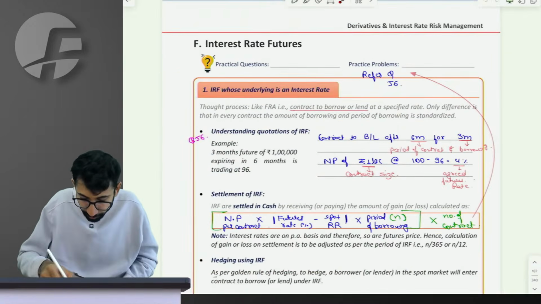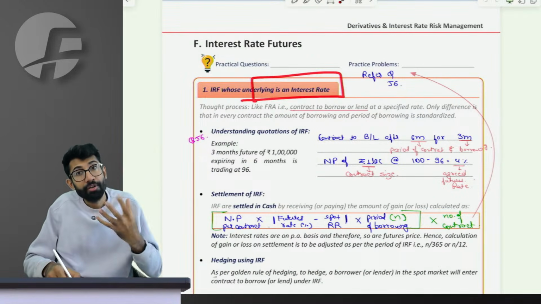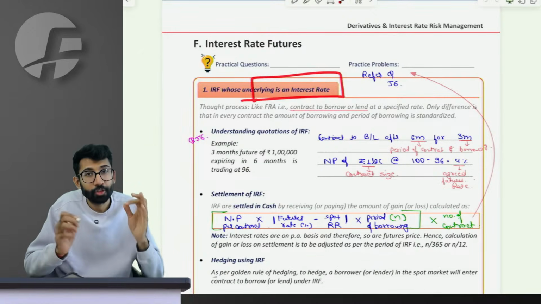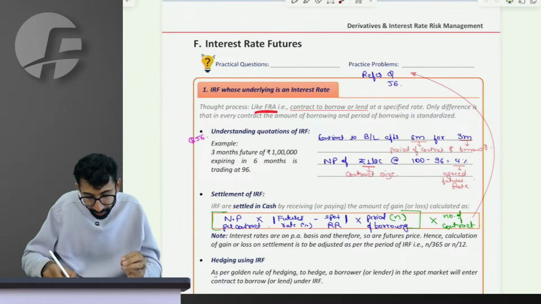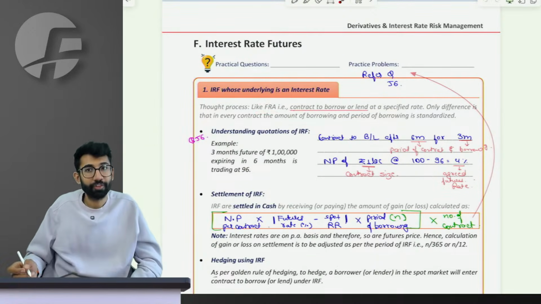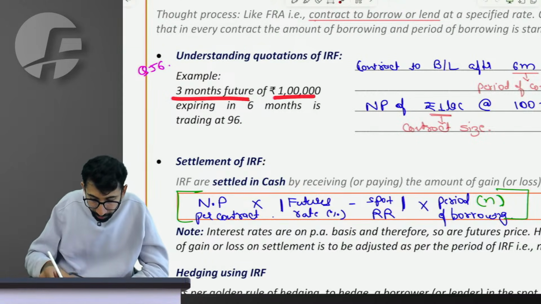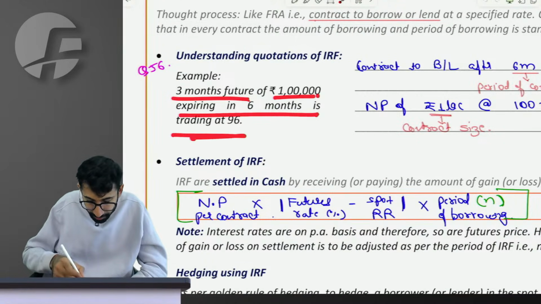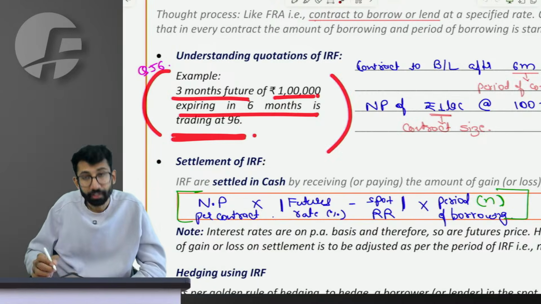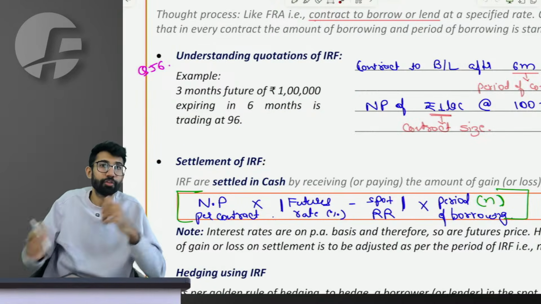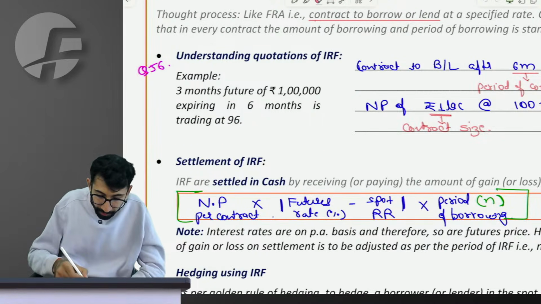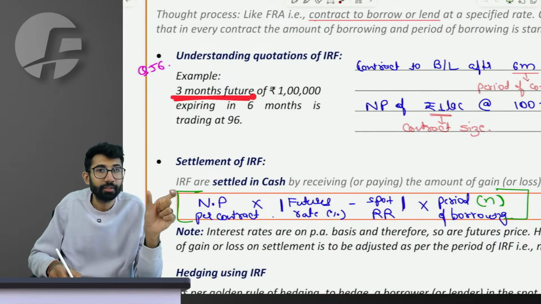Listen to me. The first category, where the contract is to borrow and lend, the thought process is similar to an FRA. For example, where examiners say a 3-month future of 1 lakh rupees expiring in 6 months is trading at 96. What does it mean? First, try to understand the language of the question. Sir, 3-month future means the period of borrowing will be 3 months.